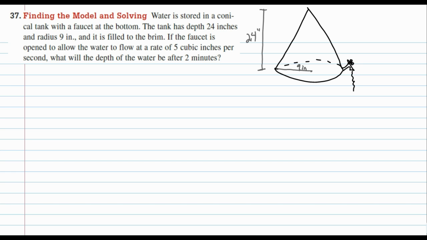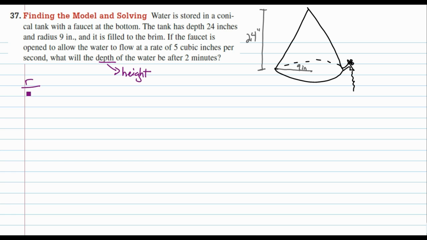Well, I'm trying to find depth, which to me does mean height. I have a relationship between the radius and the height that they alluded to. The radius and the height are proportional in a cone, if you remember that from geometry.